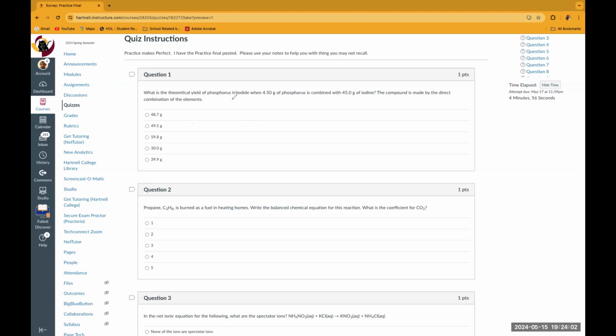Okay, so they told us that it's made by the combination of the elements. So we know we have phosphorus and we have iodine. So what is the chemical formula for phosphorus? P4, and iodine? I2.